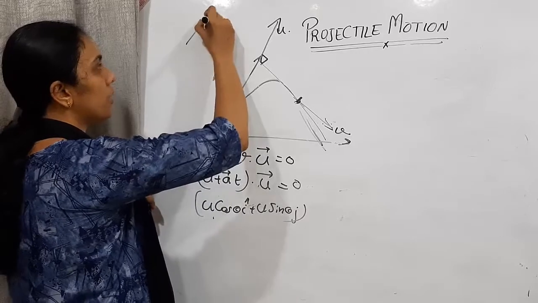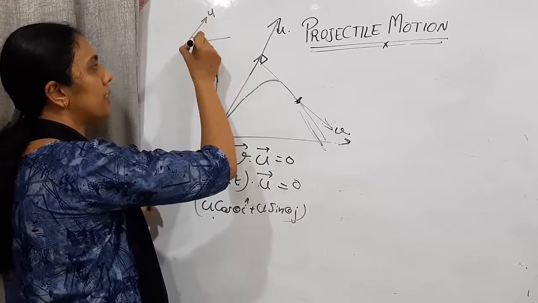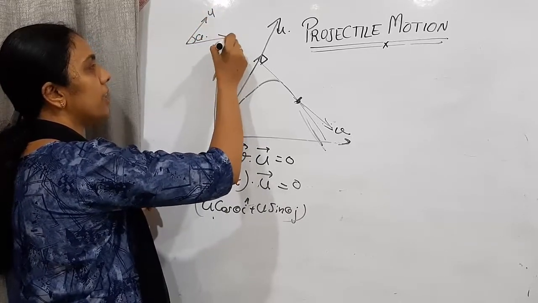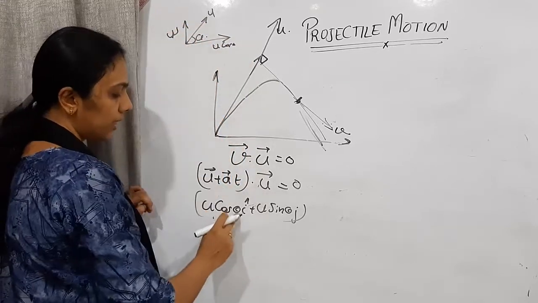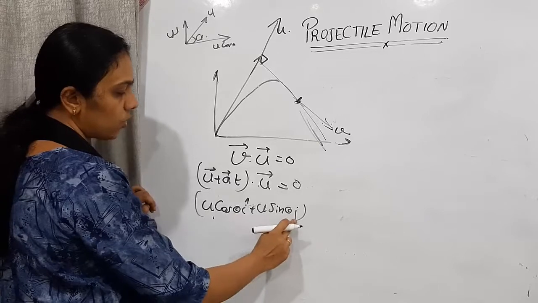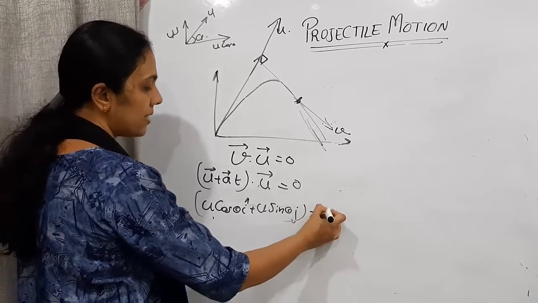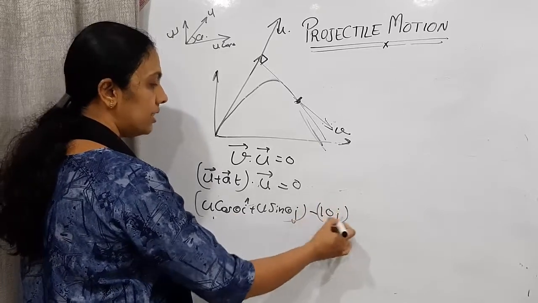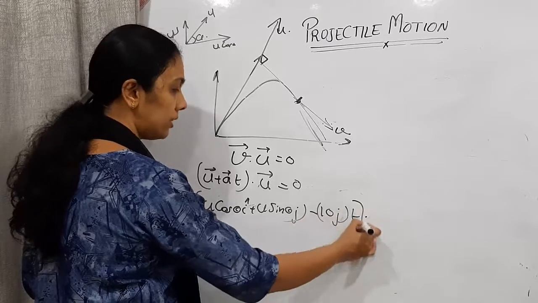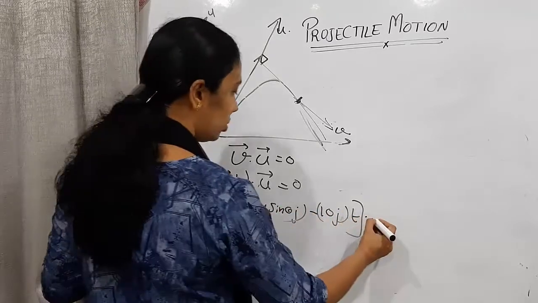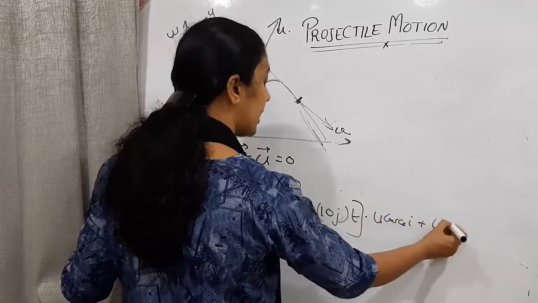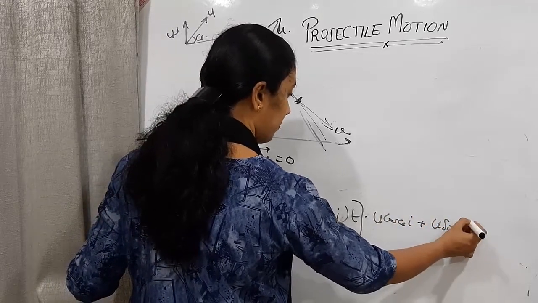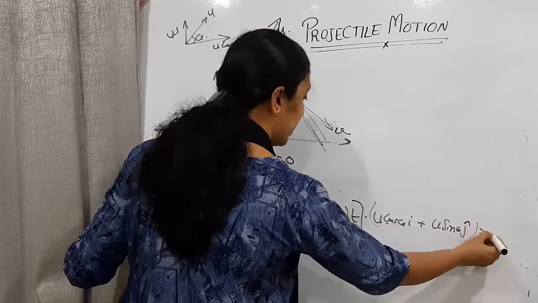If the initial velocity vector is like this, making an angle theta, here it will be u cos theta and here it will be u sin theta. Therefore, we can write it as u cos theta i cap plus u sin theta j cap minus 10 j t, dot again u, which is u cos theta i cap plus u sin theta j cap. That should be equal to 0.